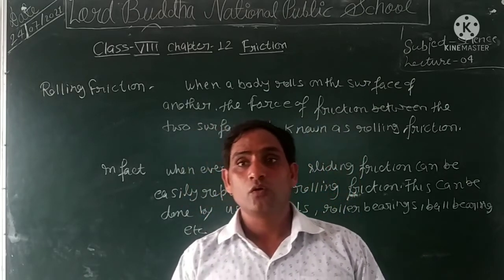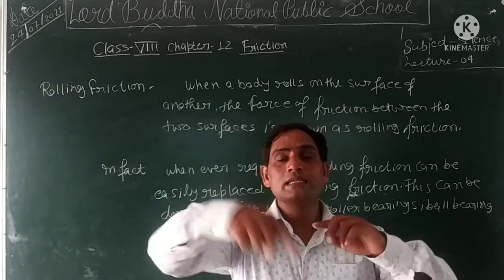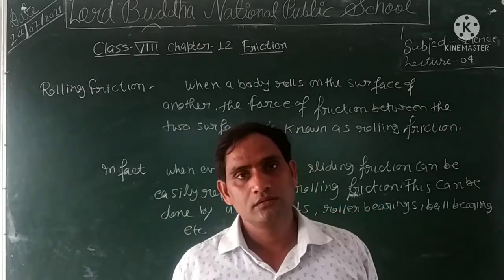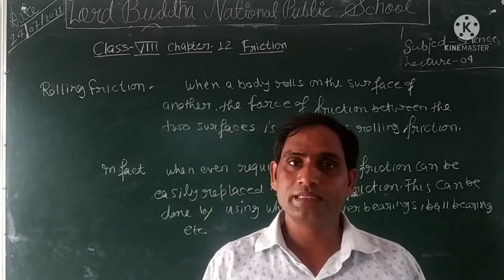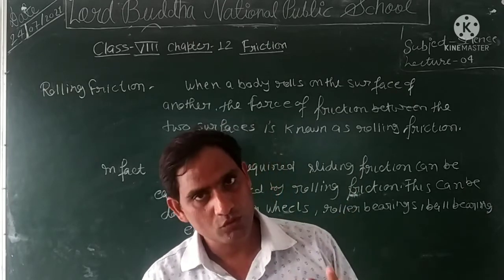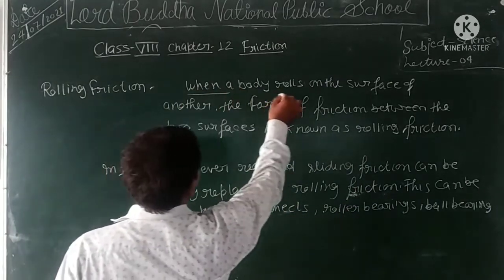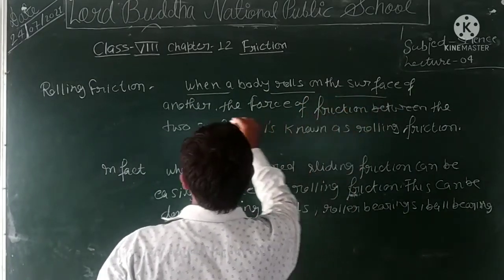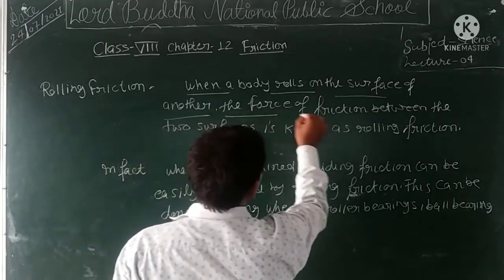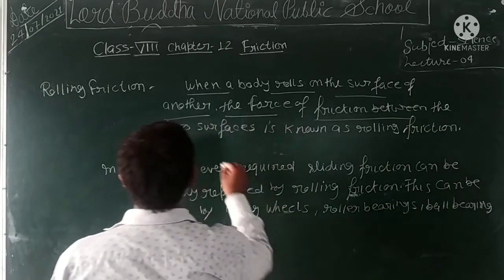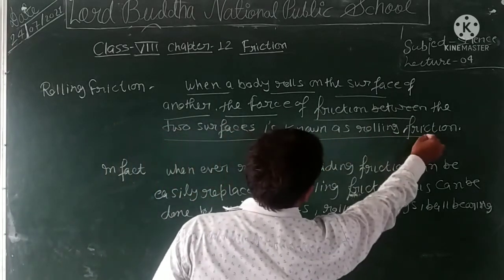But when you are running, your wheels are rolling. Is that clear? What is sliding and what is rolling? As we mentioned, when a body rolls on the surface of another, the force of friction between the two surfaces is known as rolling friction.